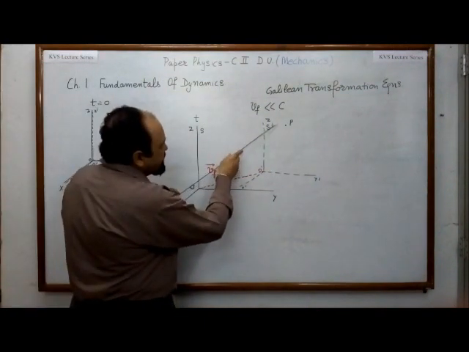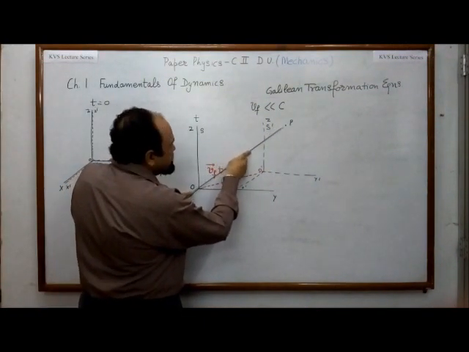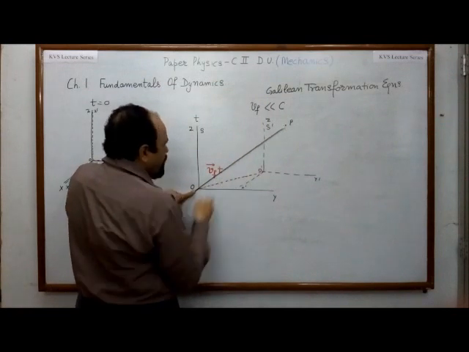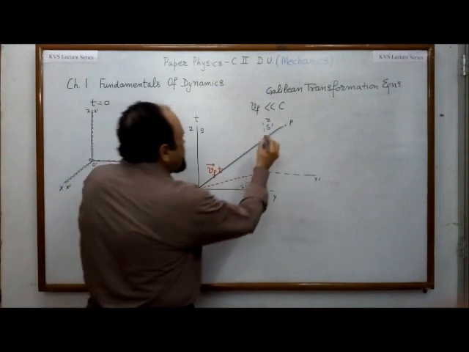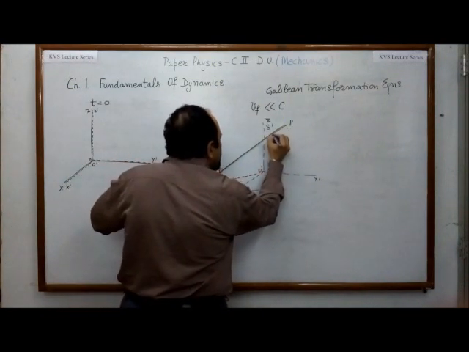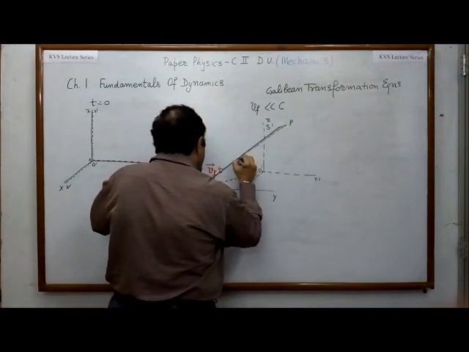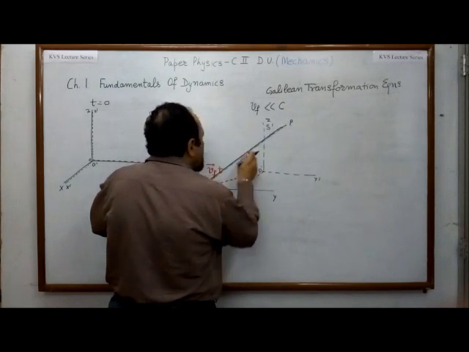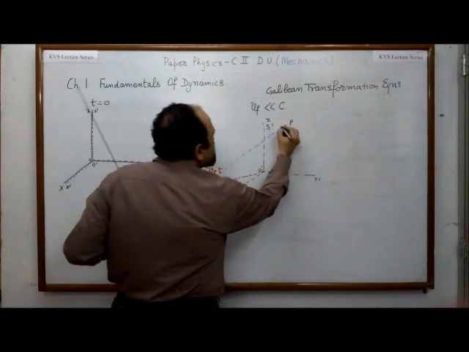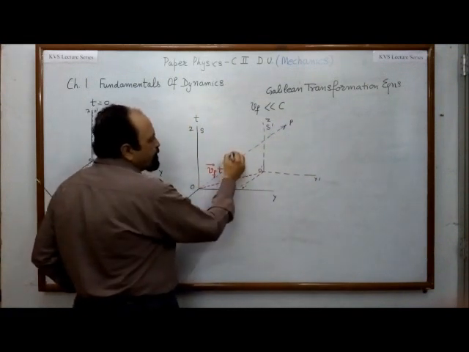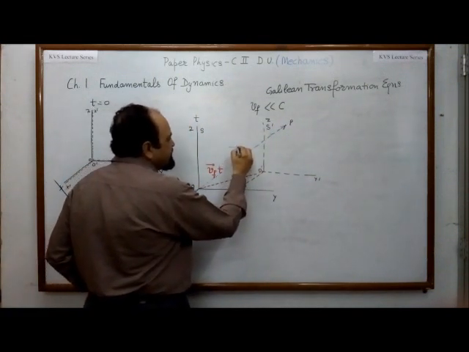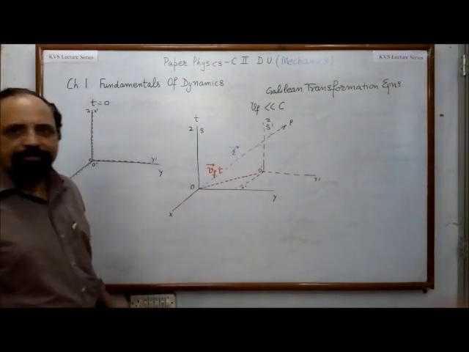This is my position vector which I am taking from O, and let's say this is given as R vector.